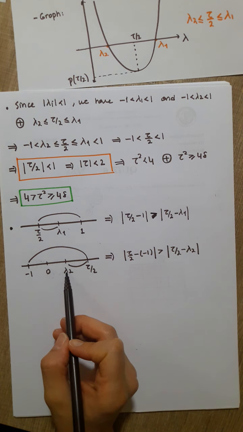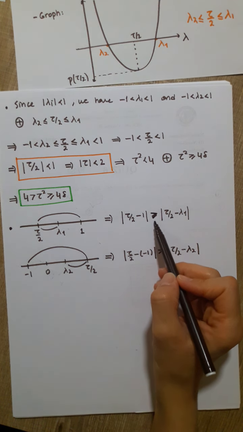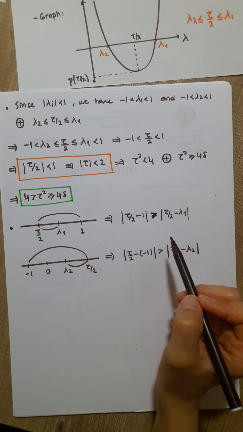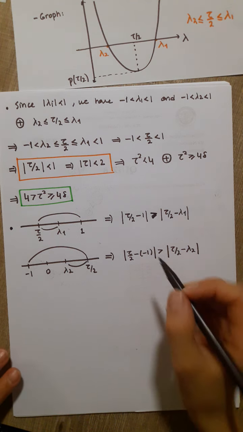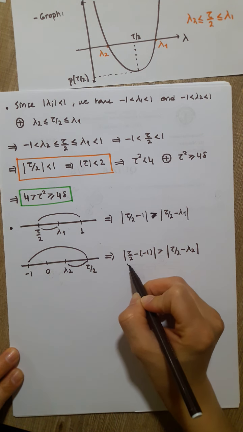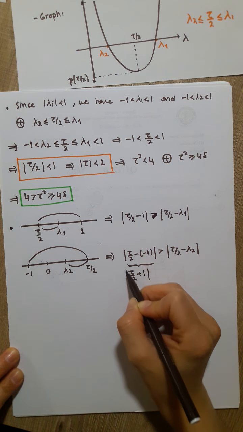Because we know that lambda 2 is different from minus 1 and lambda 1 is different from 1. And so because of that, I erase the equalities here. And this part is tau over 2 plus 1.